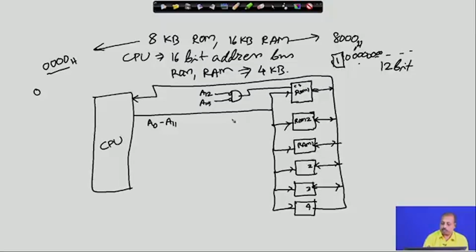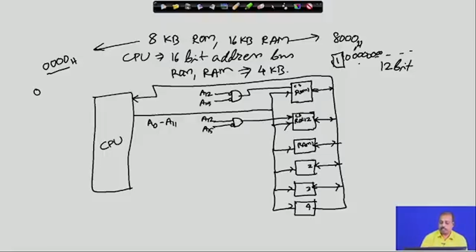Similarly, the second ROM chip will be selected provided the A15 line is 0, but A12 is 1. In that case, this chip select will be generated and it will be connected to the second ROM chip.